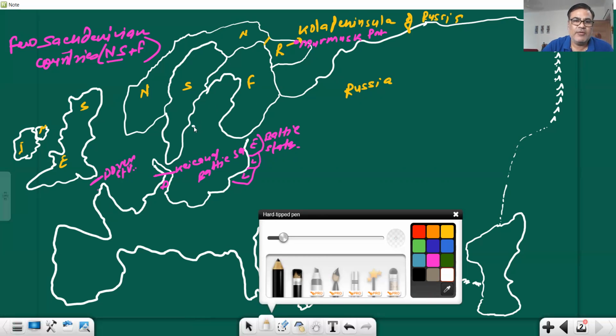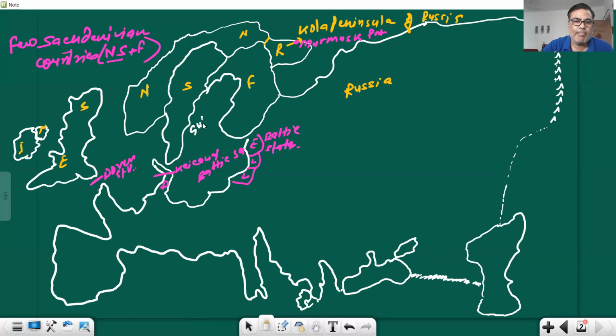And this is the Gulf of Bothnia. And here, if we are moving, you will find at the top the Norwegian Sea. Here it is the North Sea.